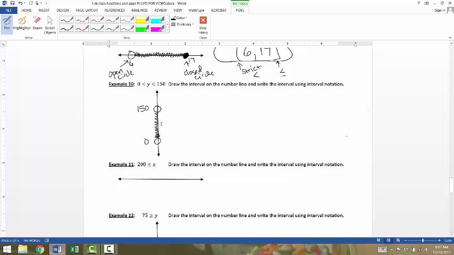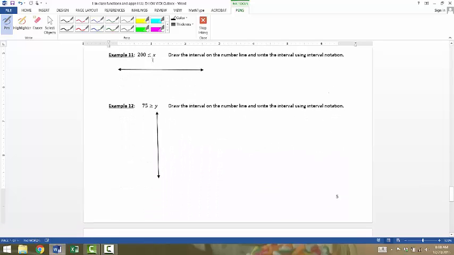So the y value can be any number between 0 and 150, but the open circles indicate that it cannot equal 0 and it cannot equal 150. When we write it in interval notation, the low value is 0, comma, the high value is 150, and since it's strict inequality on both sides, we have a parenthesis on both sides.